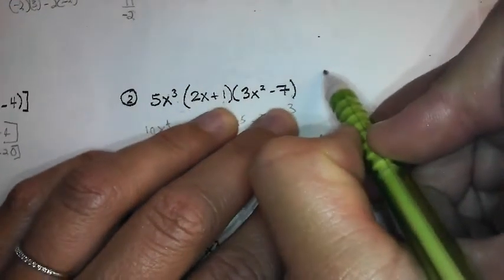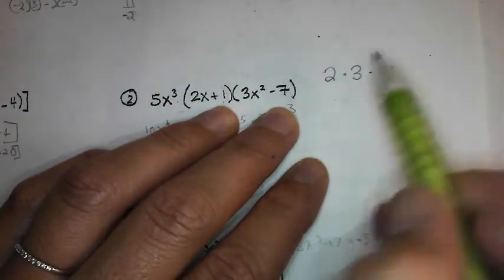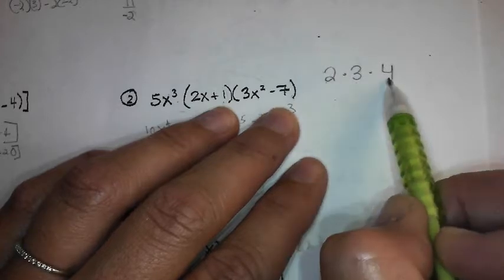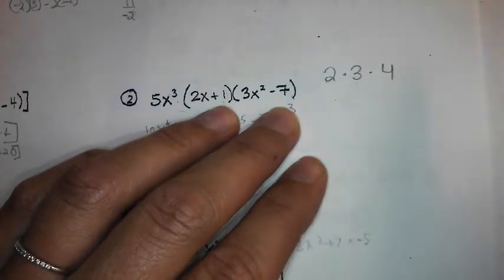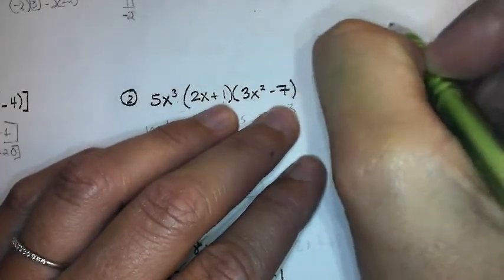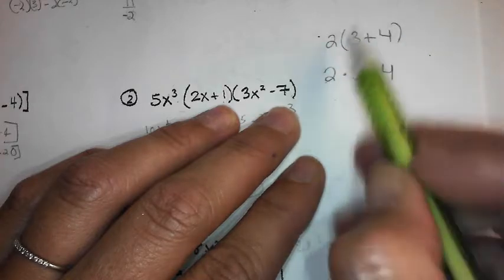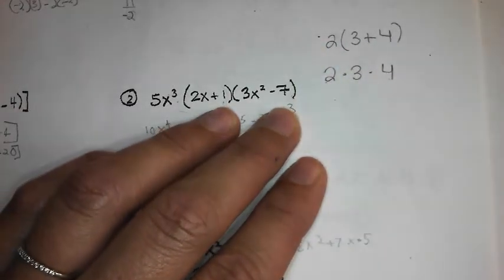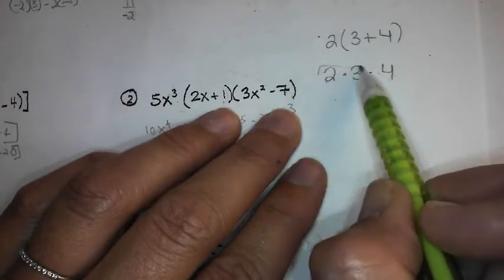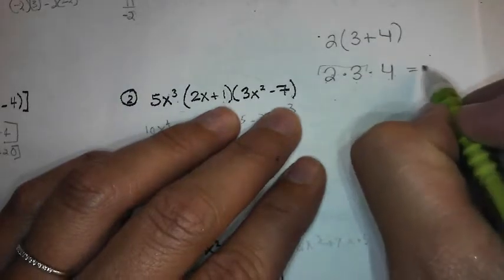If I told you 2 times 3 times 4, do you multiply the 2 times the 3 to get 6 and the 2 times the 4 to get 8 and then multiply those? Absolutely not. If it looks like this, then you distribute, because 2 is being multiplied by the parentheses, therefore everything in the parentheses. Here, 2 times 3 times 4 is just 2 times 3, which gives you 6, and then 6 times 4, which gives you 24.